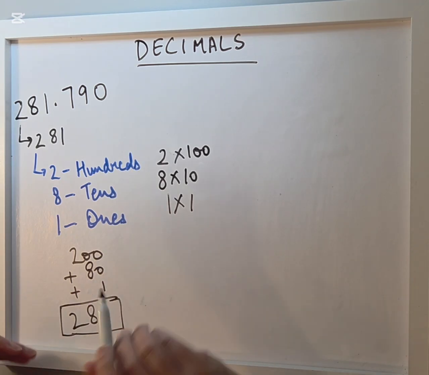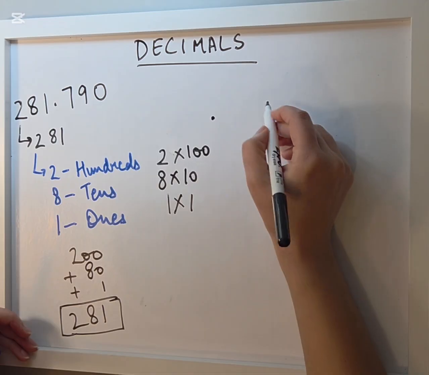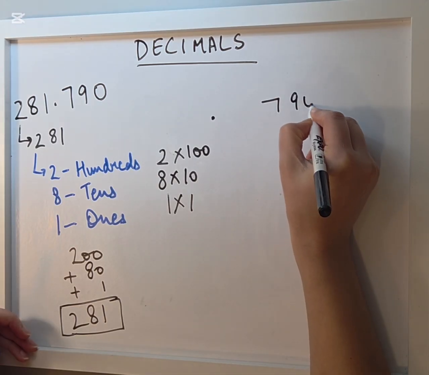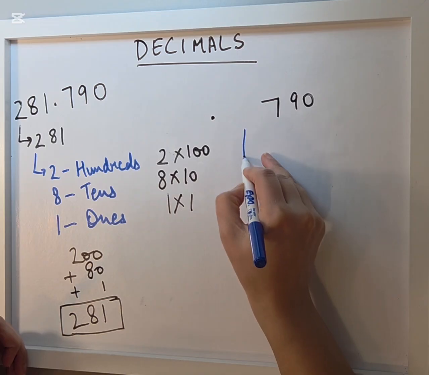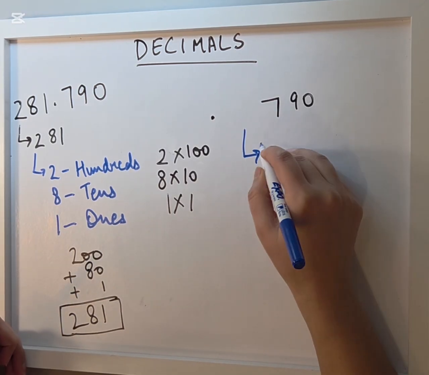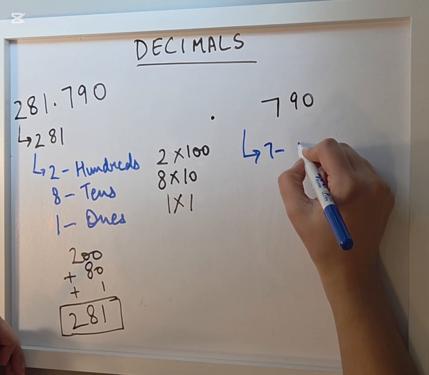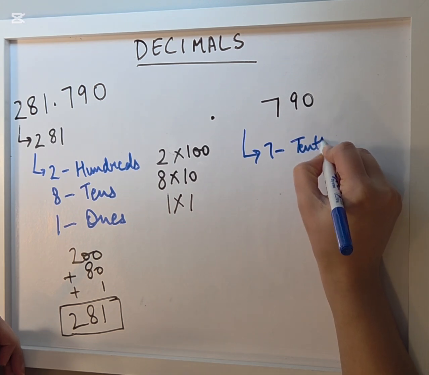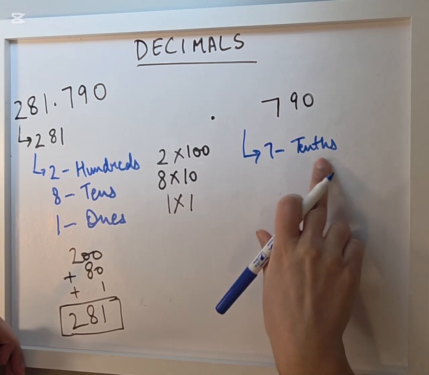Then we have a decimal. After the decimal we have 3 numbers, 790. Now what do these 3 mean? 7 will be tenths. This was tens, and this is tenths.